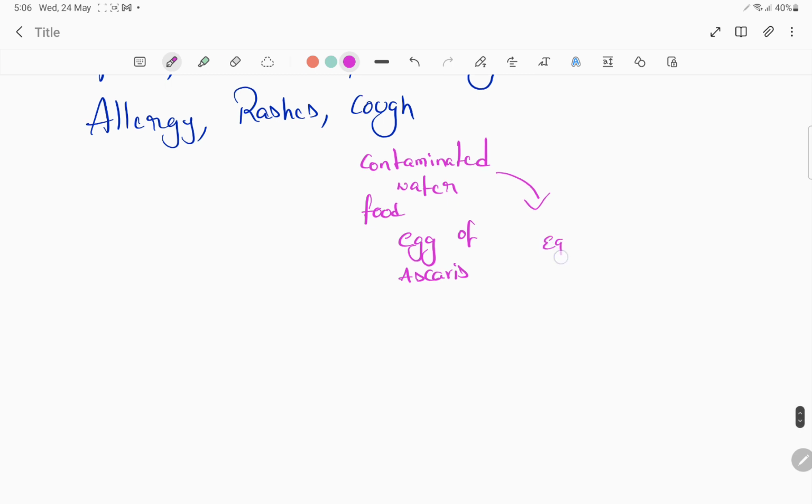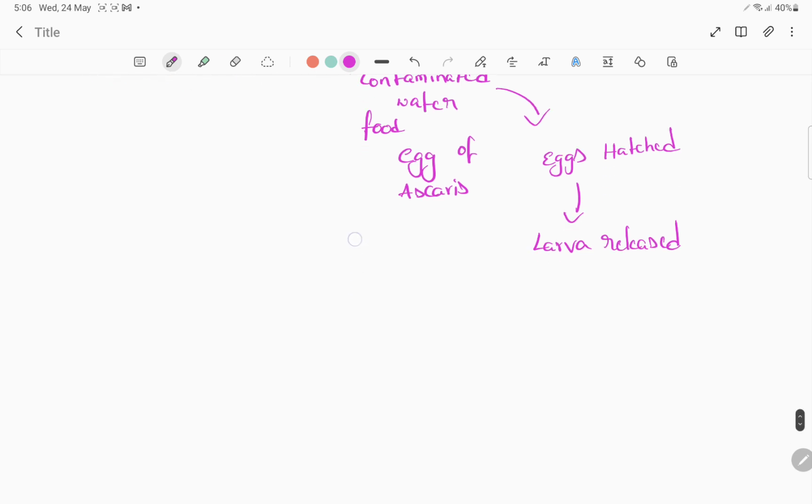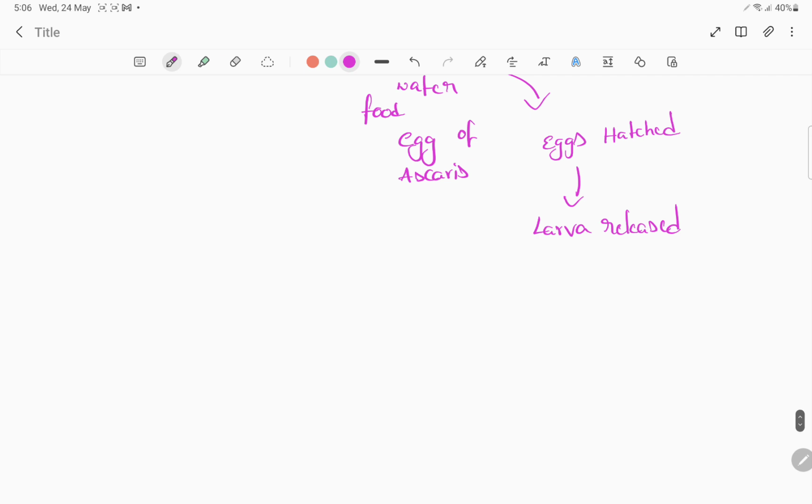And the eggs are hatched, and after hatching, larvae are released. And the larva pierces the wall of the intestine and enters into blood vessels.